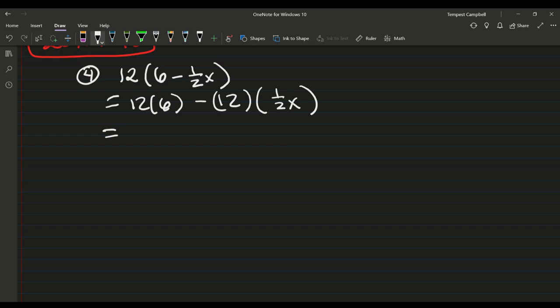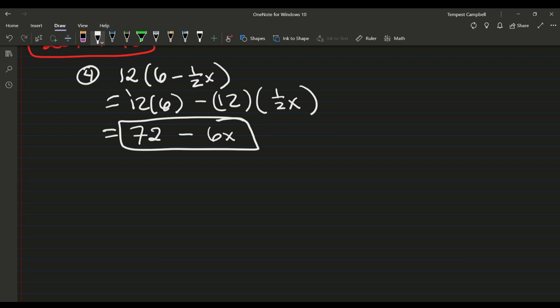And so we get 12 times 6 is... let's see, 12 times 6. 6 times 2 is 12. 6 times 1 is 6, plus 1 is 72. Minus, and then we have 12 times 1/2, which we already saw earlier was 6, and we keep that x, and it just so happens that this is our answer.